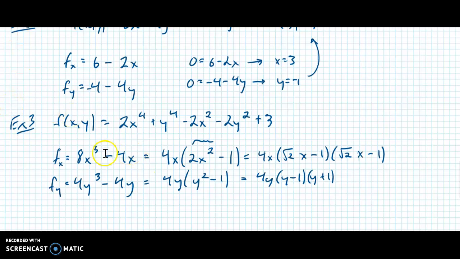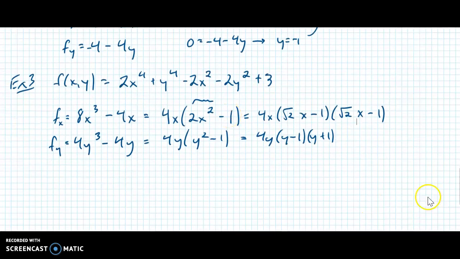Okay, so now here's how this works. We pair things. What I mean by that: look, x equals 0 will make the top 0, right? Oh, there's far more than 5, I think. Notice y equals 0 and y equals 1 make the bottom 0, and so does y equals negative 1.